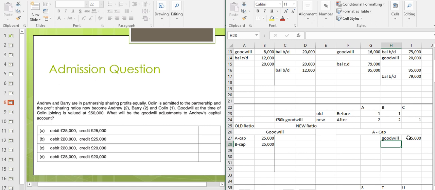Okay, so short question there. That is one part of the question done. We have split goodwill on the old ratio. Now we need to split it on the new, so 50 split 2 to 1. Nice and easy figures. 20,000 and 10,000. And Colin gets the smallest portion. I'm just going to copy the detail over.